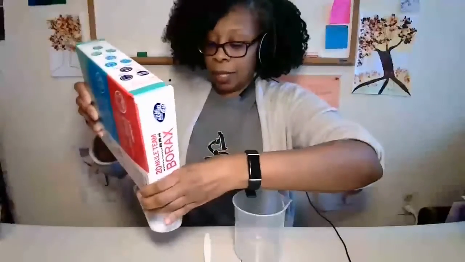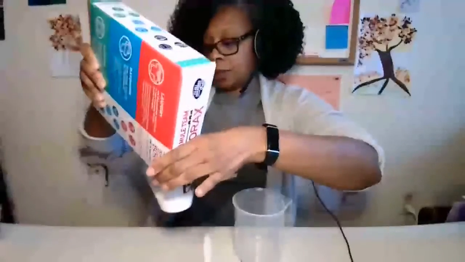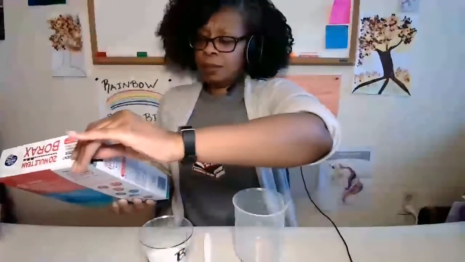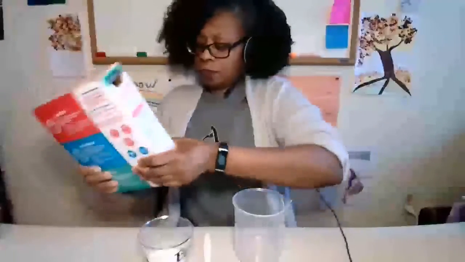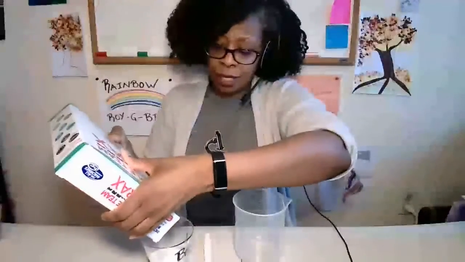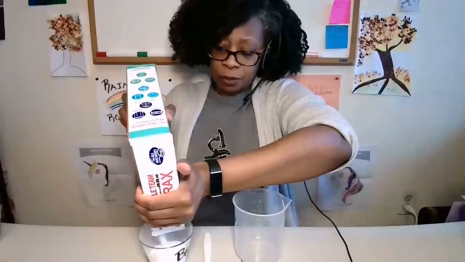But with borax, we can do it quite quickly. And as you see, it's this white powder. If you're wondering, Miss Steph, I don't know where to find borax. Borax is a detergent booster, so it's actually in the laundry aisle a lot of times. And you see it's this powder.